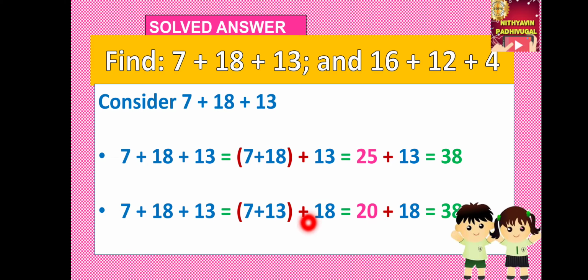Then plus 18: 0 in ones place plus 8 in ones place is equal to 8 in ones place. 2 in tens place plus 1 in tens place is equal to 3 in tens place. So, 38 is the final answer.